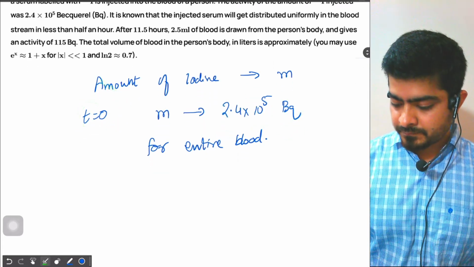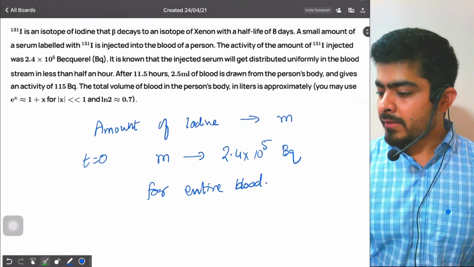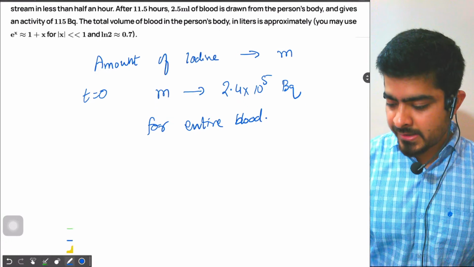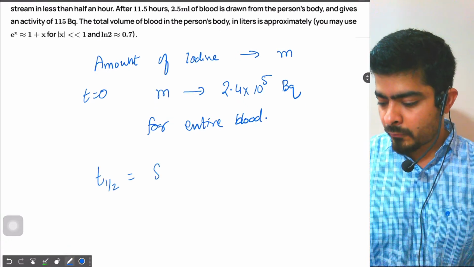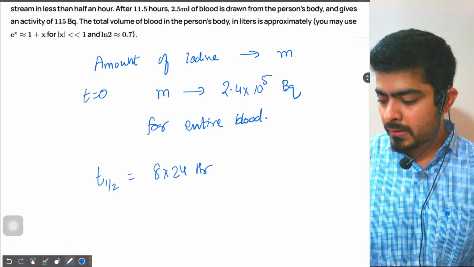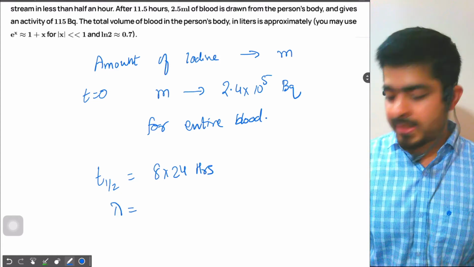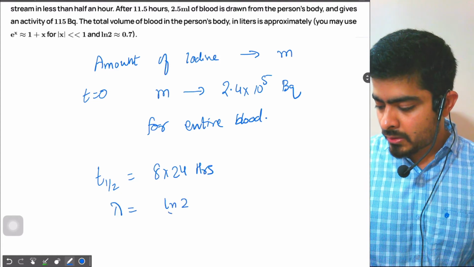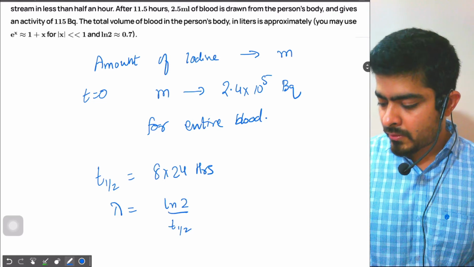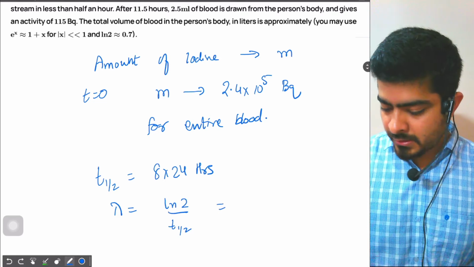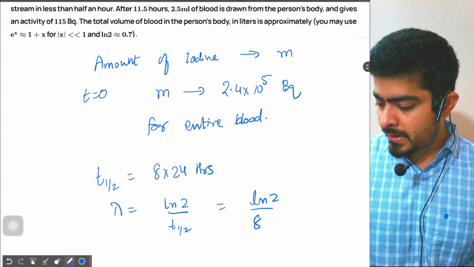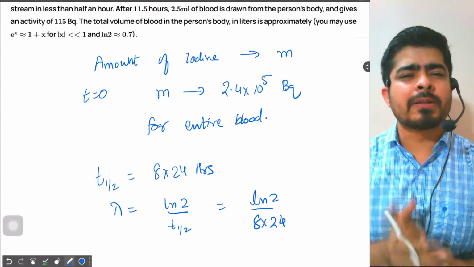Now, we are given the half-life of 8 days. So I will write down T half equal to 8 times 24 hours. Okay. So the decay constant lambda will be log 2 divided by T half. So that will be log 2 divided by 8 times 24, will multiply later on.